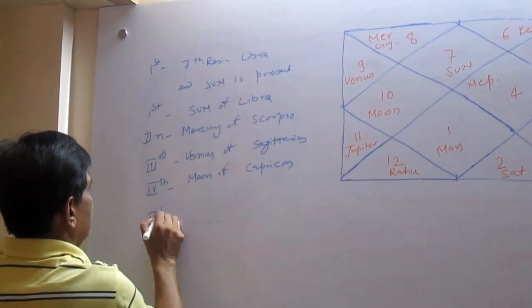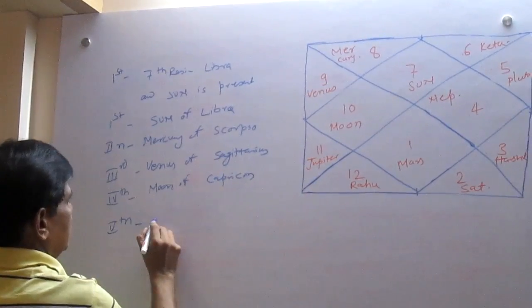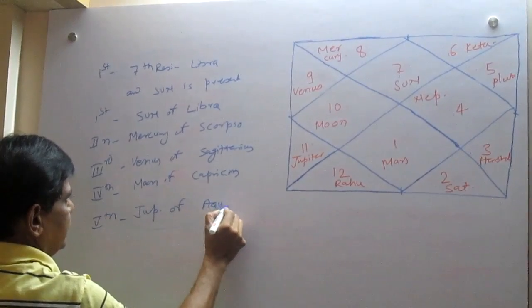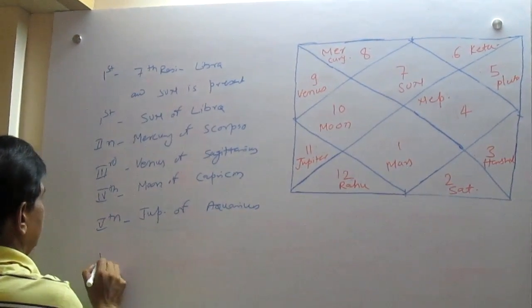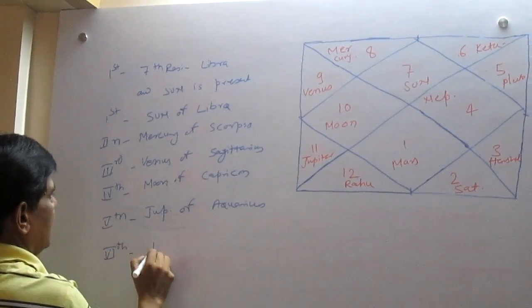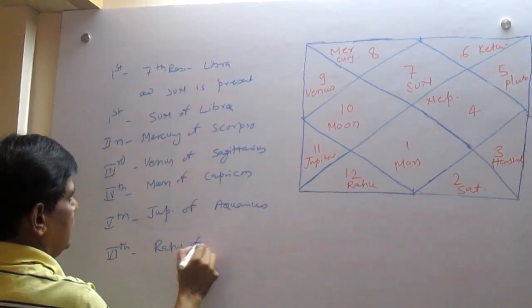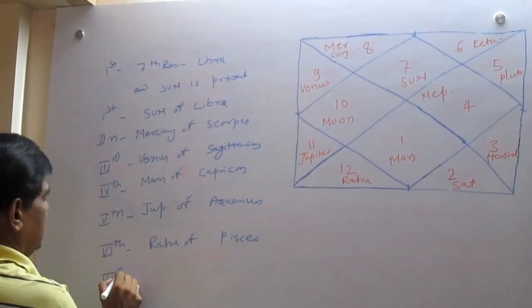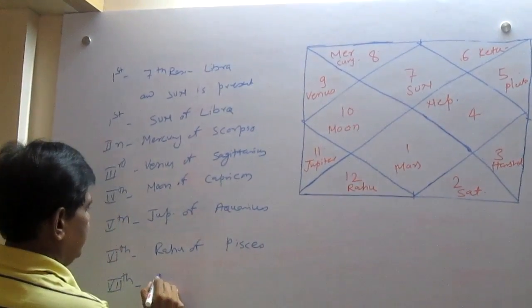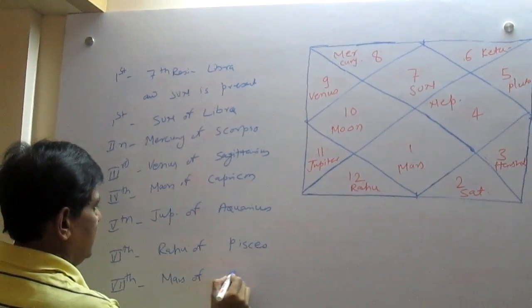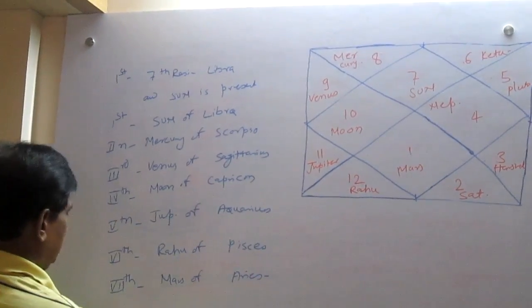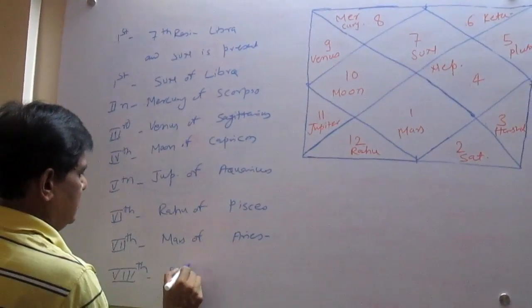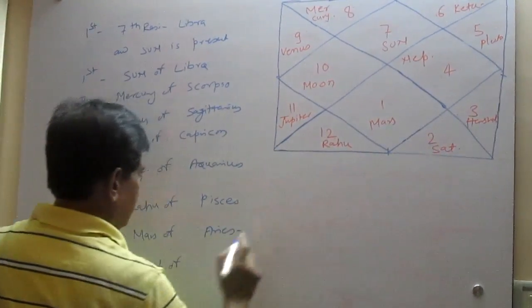In the fifth house, Jupiter of Aquarius. In sixth, Rahu of Pisces. In seventh, Mars of Aries. In eighth, Saturn of Taurus.